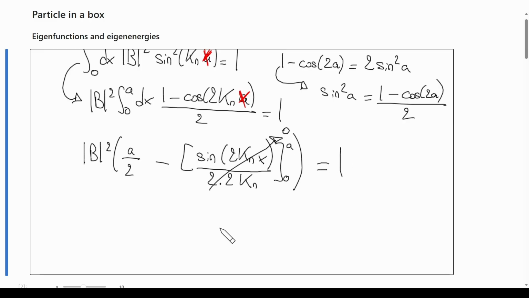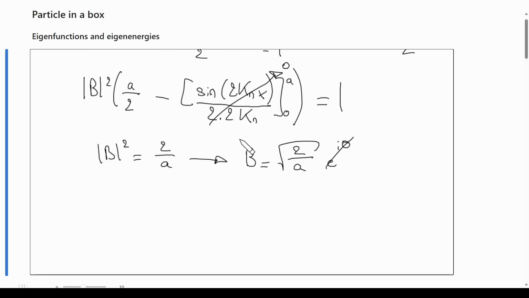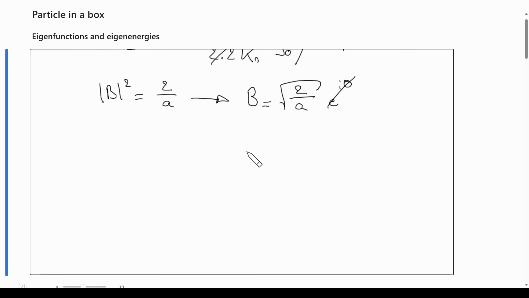And the whole thing is equal to 1, so we are left with B squared equals 2 over a, and therefore B is equal to the square root of 2 over a, up to some phase factor, exponential i theta, that we can discard here because it does not influence the results.